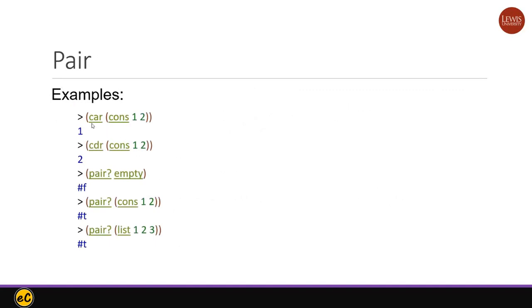So basically, let's assume that we have a list 1, 2, 3. And if you cons 1, 2, it will give you 1 period 2.